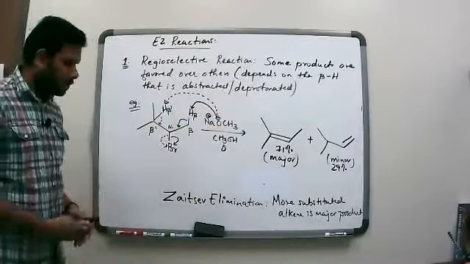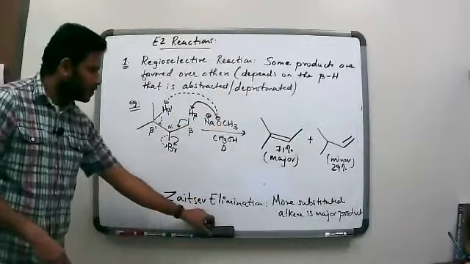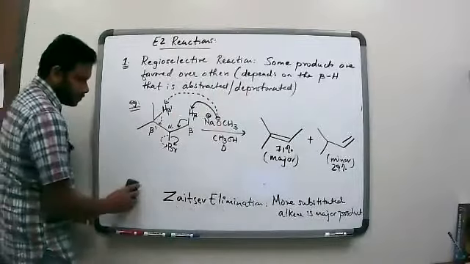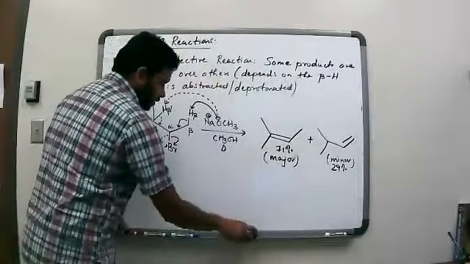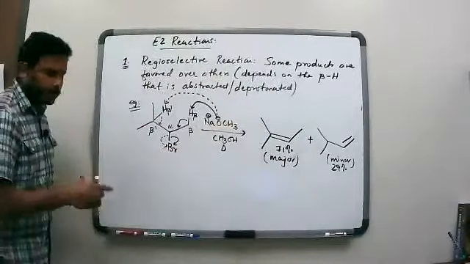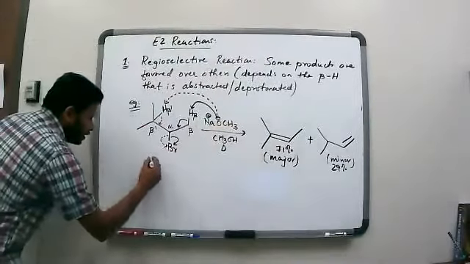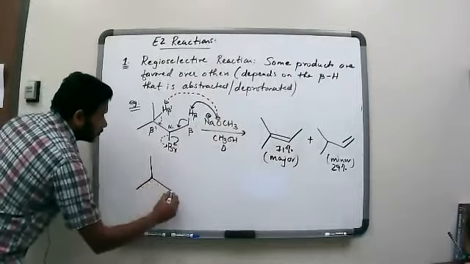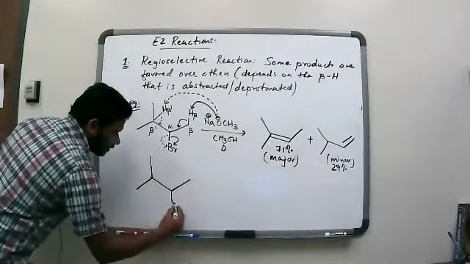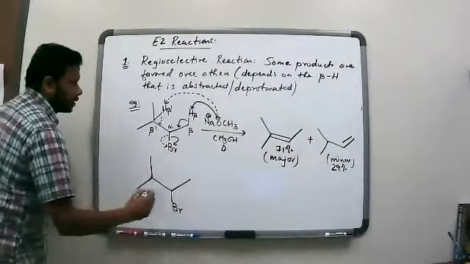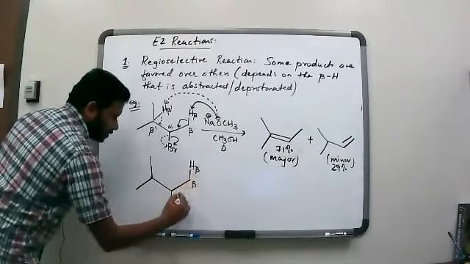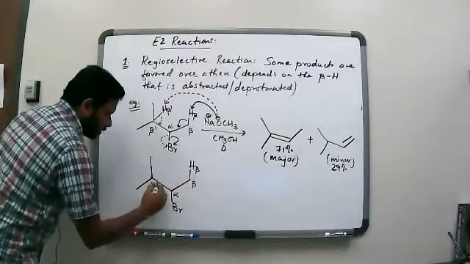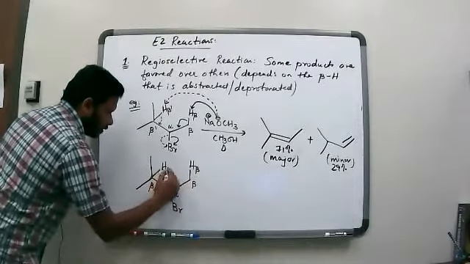The answer is yes. If I change the base, I'm going to use the same alkyl halide. We have H beta here, this is alpha, this is beta prime, and we have H beta prime.